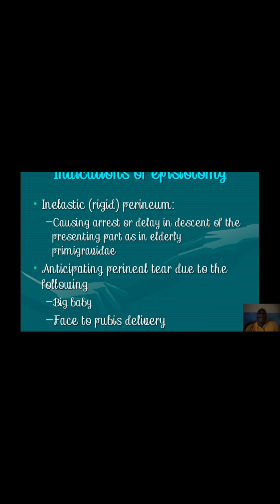You find that the perineal muscles are inelastic or rigid, they can't stretch, or they stretch but very little. So to prevent the mother from getting a major tear, we do an episiotomy, because those rigid perineal muscles will hinder fetal descent. In order to avoid that, we do the episiotomy, but also when anticipating perineal tear due to the following conditions.